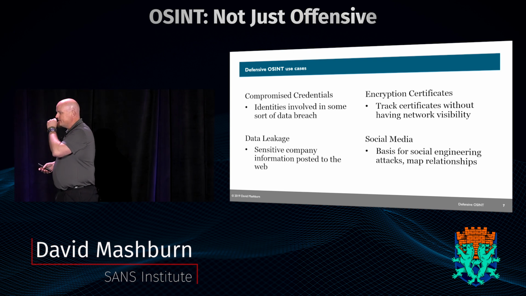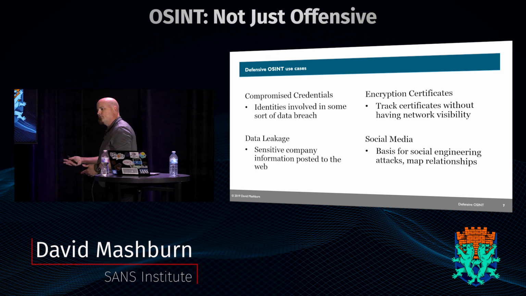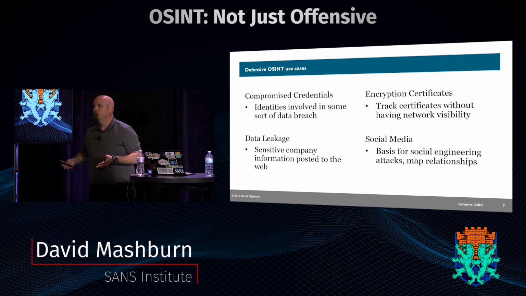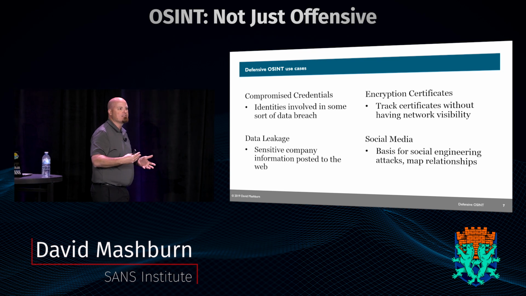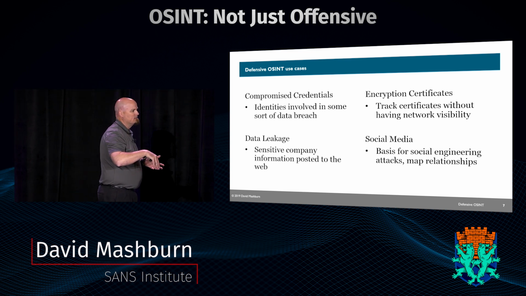Now, other things. This is an interesting target. Encryption certificates. We think of those as items that we normally control. But what if someone else is issuing certificates for your organization's domain? Would you know that?